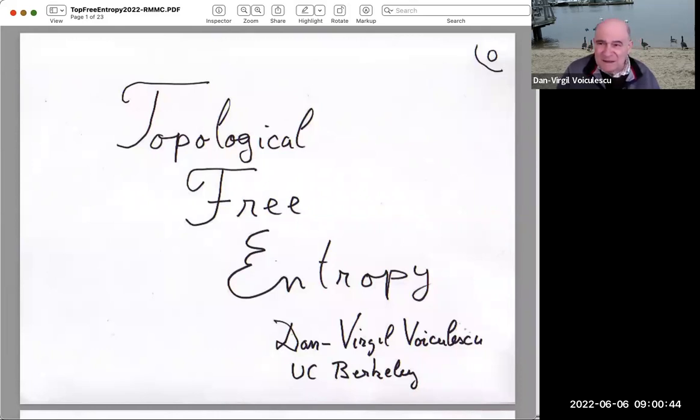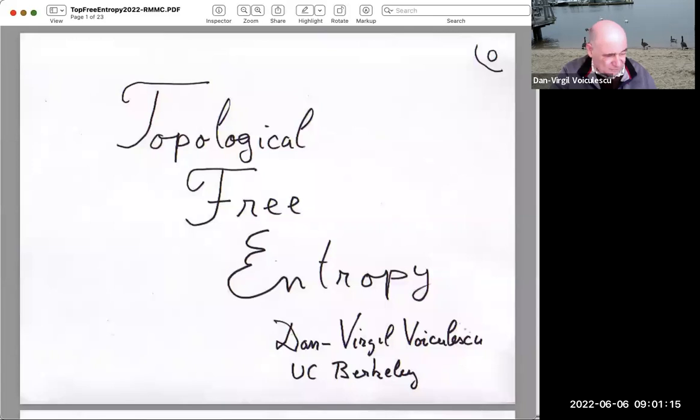There are many things about von Neumann algebras and entropy in free probability, two notions of entropy, the free entropies I introduced. I have also some not so recent work about C-star algebras instead of von Neumann algebras.